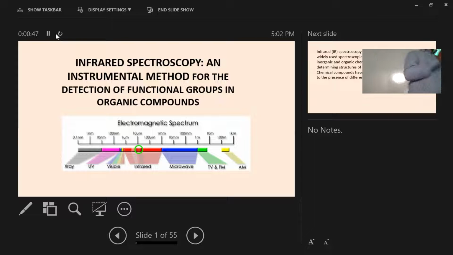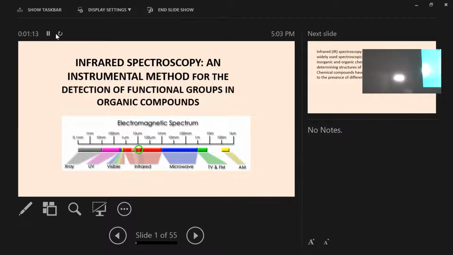If you give some energy as light, all the wavelengths will not be absorbed by the molecule. So if you have the absorption, you will get some spectrum like this. Somewhere it is absorbing very well, and somewhere it will absorb even less.